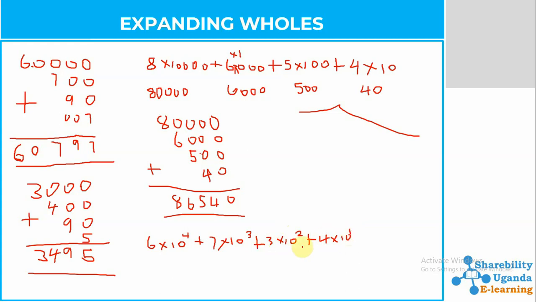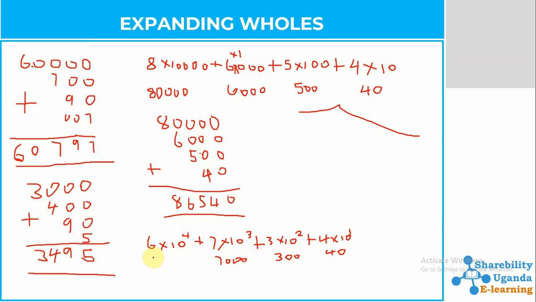Okay, so now when you look here, this is the same as 40, because any number to power 1 is that number. If we have our 10 to power 1, it is the same as 10. So here we're going to be able to get our 40. Okay, then here we're going to be able to get our 300, because it is 10 times 10 2 times, then 10 times 10 3 times. This is going to be our 7,000.